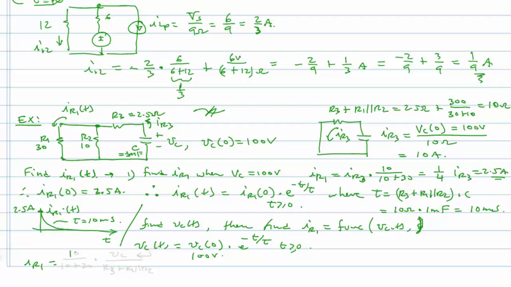So it'll be 10 over 10 plus 30 times IR3, and IR3 is going to be equal to Vc over the total resistance that it sees, which is R3 plus R1 in parallel with R2. Then you could plug Vc in and solve for IR1. So it's really doing the same thing, but it's a little bit longer path to get there.